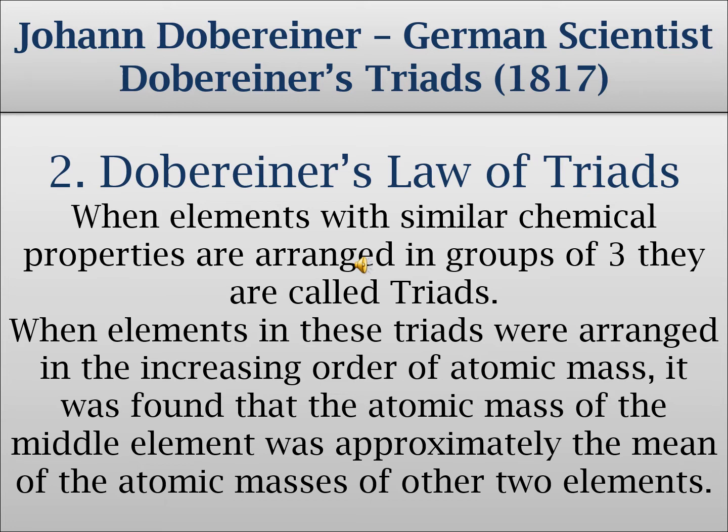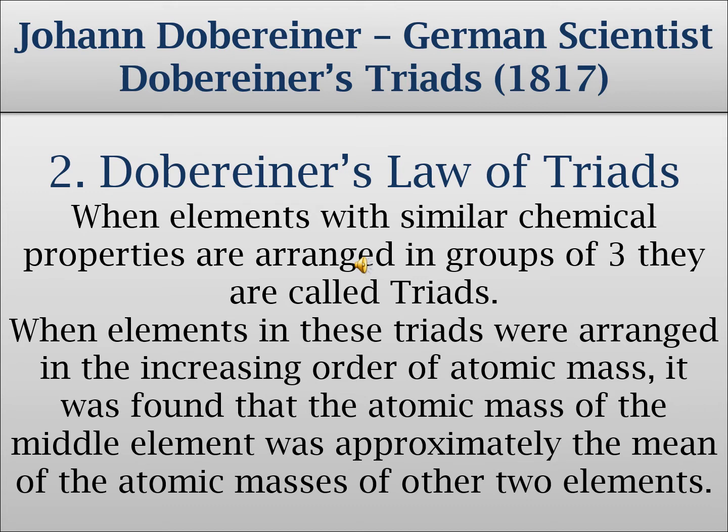Now why did he make groups of 3 elements? How did he select those 3 elements? Döbereiner selected the 3 elements on the basis of the characteristics or the properties that were shown by those 3 elements.